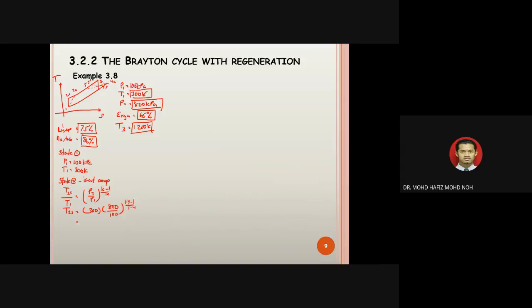From here you will get the value of T2S, which is 543.4342 Kelvin.